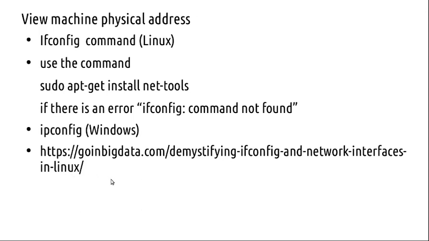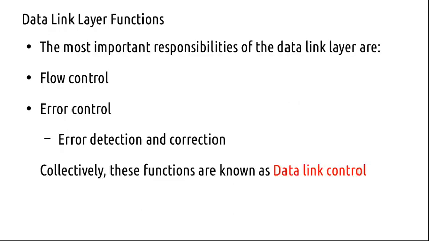It explains what the output message means, you could see your physical address, all those things. Earlier, 3 years back, when I took this paper, I showed the running output of all these commands, but since we are having a record of this, I don't want to display my MAC address publicly. So we'll take up the other two functions, flow control and error control, next day.